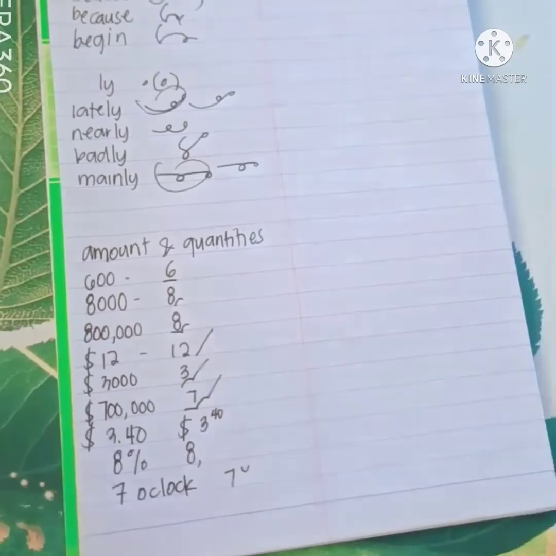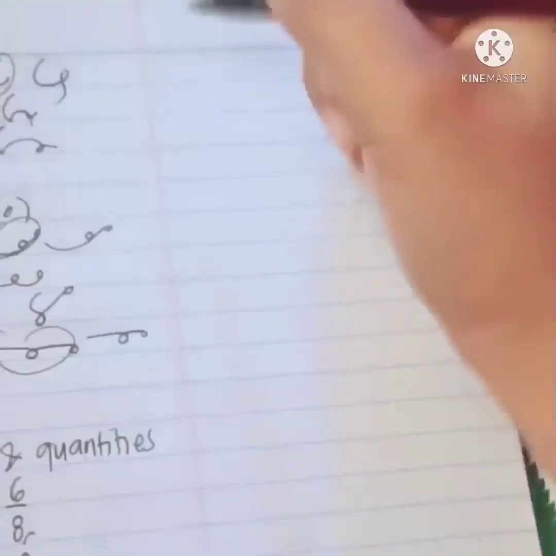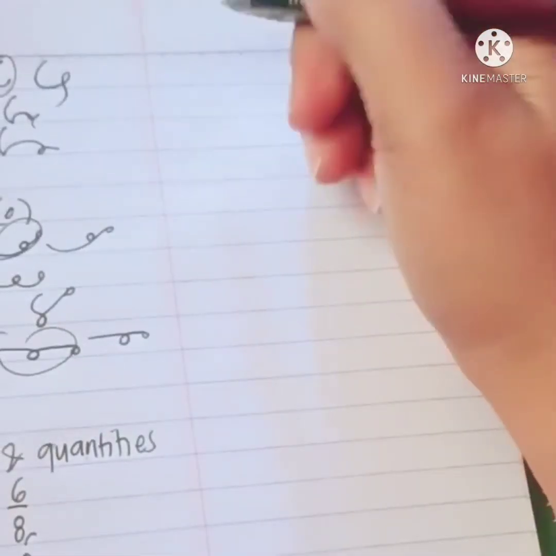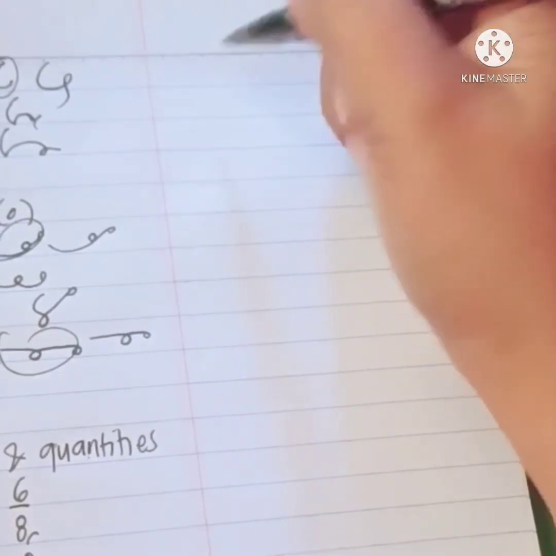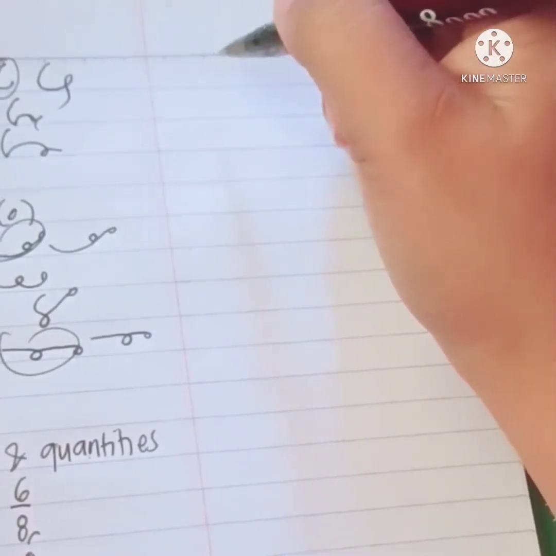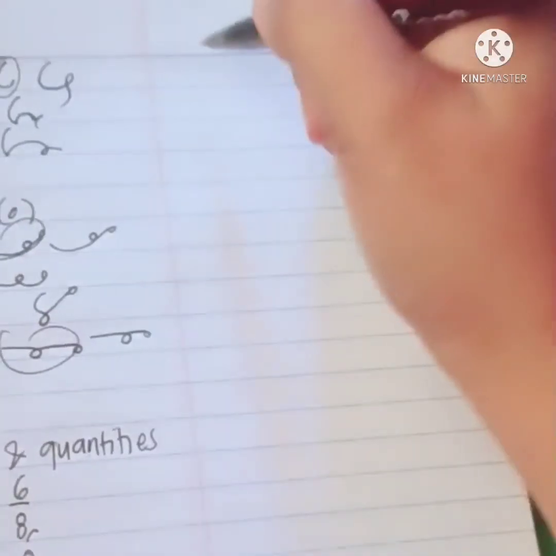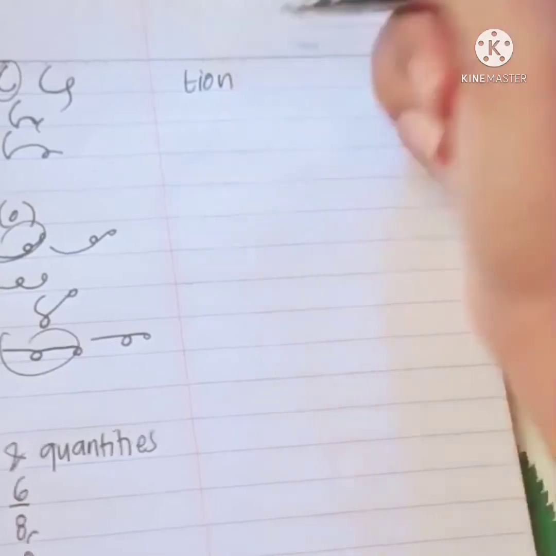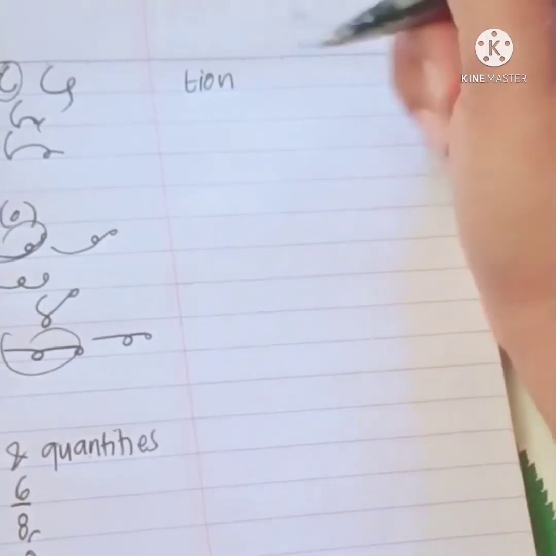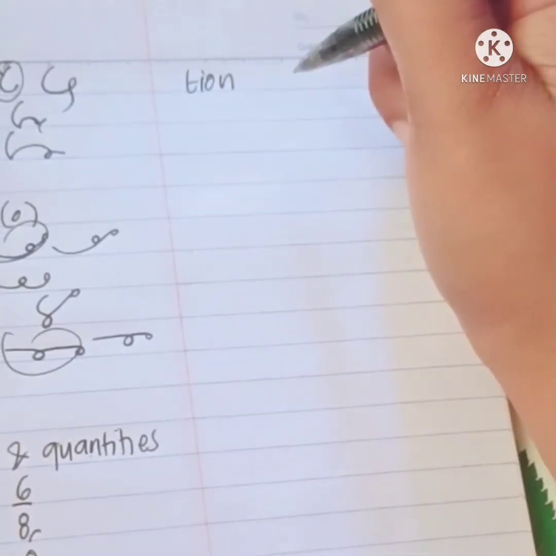So that's it. Shun, shent, and shensi, at the end of words. Shun first. The pronunciation is shan, right?